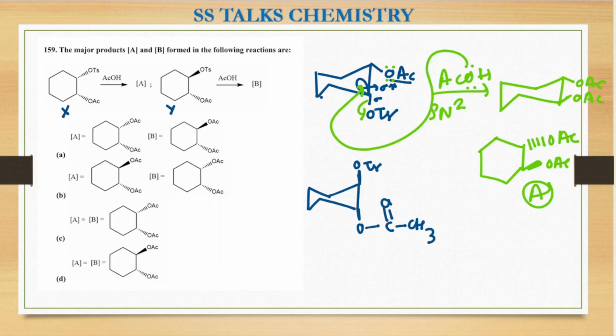Now the OTS group is in the upward direction, its sigma star will be lying in the downward direction. Okay. So now what can happen? You can see this sigma star of this carbon and the OTS group and this OAC group that you are having, both are in the parallel position to one another. So this electron density will be shifted like this, and this oxygen atom electron density can be easily shifted over here and this carbon and the OTS group can break from there.